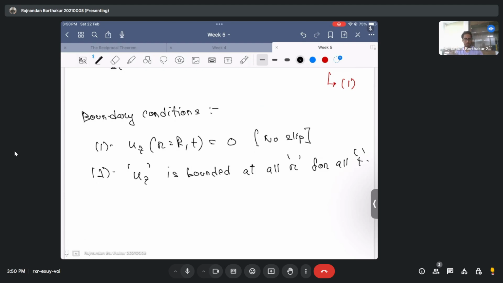There's also an initial condition. You can argue that your uj at all r, at time t exactly equal to 0, is 0. This can be the initial condition, but we will see that we no longer need to use it, because as I said, we are seeking time periodic solutions where we neglect the initial transients.